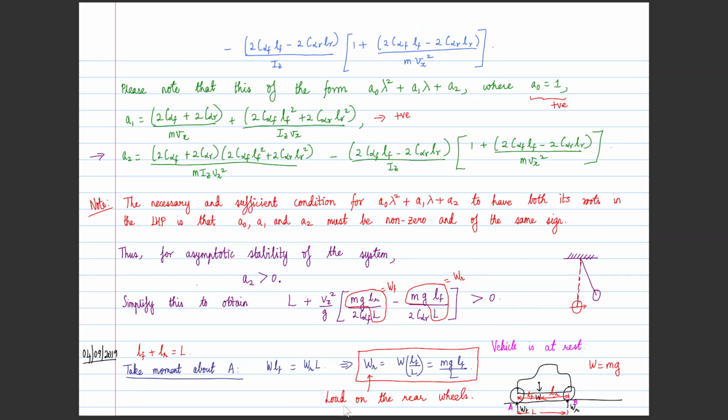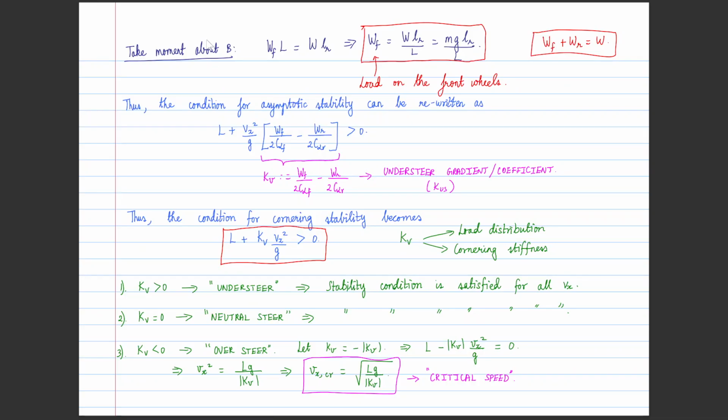If you calculate the load on the front and the rear wheels by taking moment about A and taking moment about B, we can get the condition for asymptotic stability written as follows. So this term in the bracket is defined as understeer gradient or coefficient.